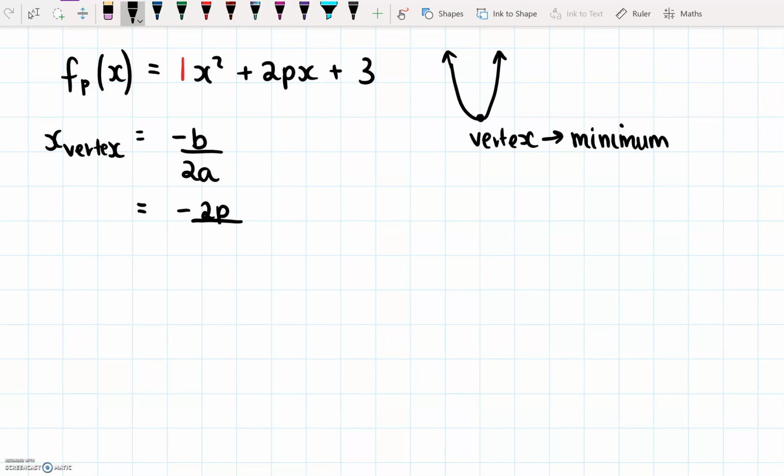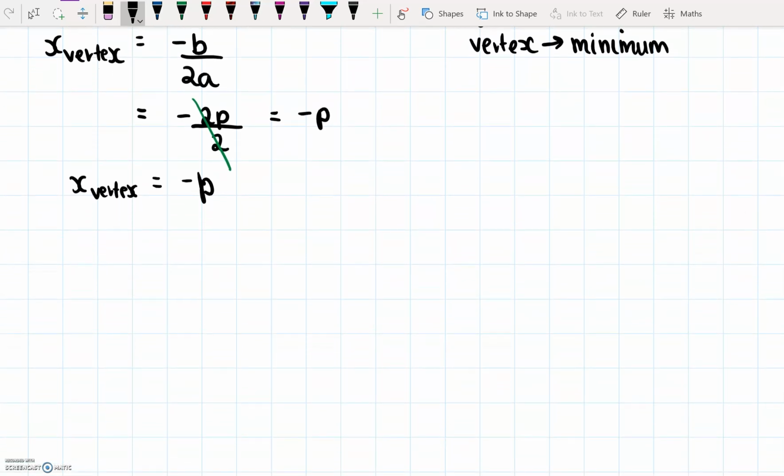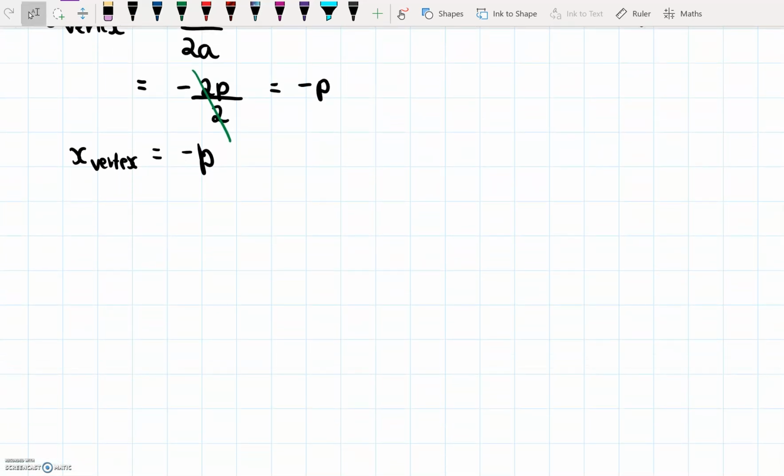Okay, so that's just going to be divided by 2. Alright, we can simplify this. Okay, so you can see here that the 2's can cancel out. So for this parabola, our x vertex is just going to be negative p. Okay, so x vertex equals negative p.